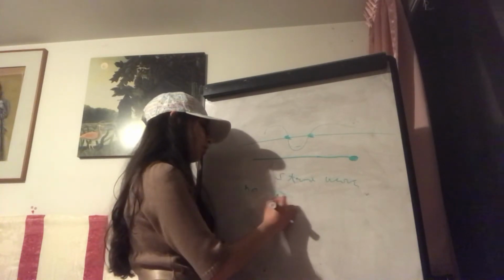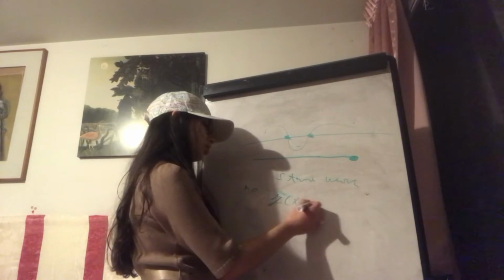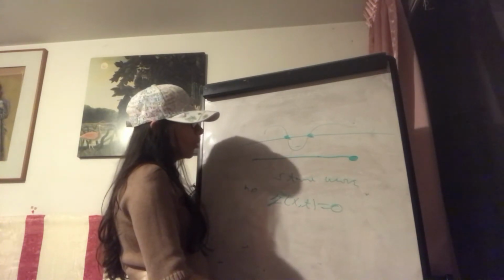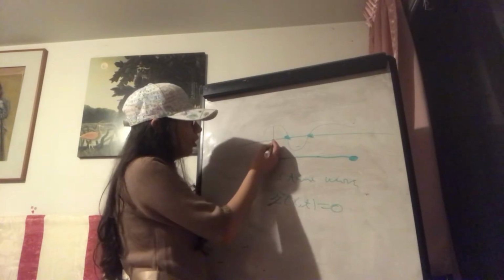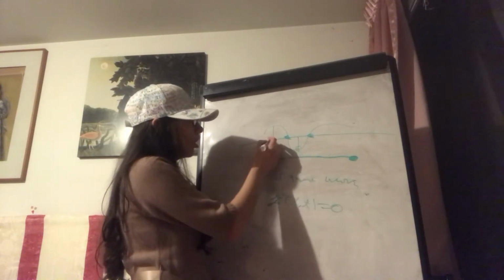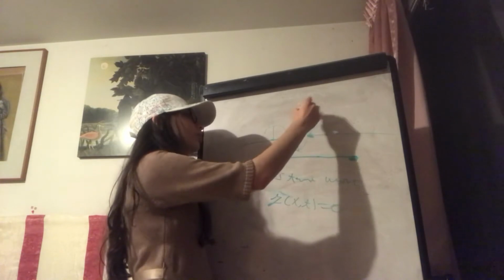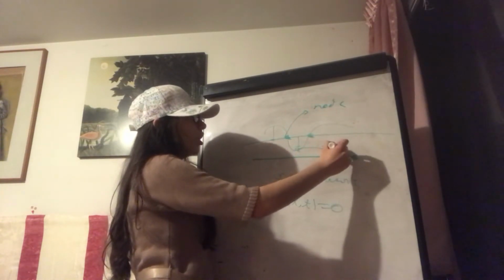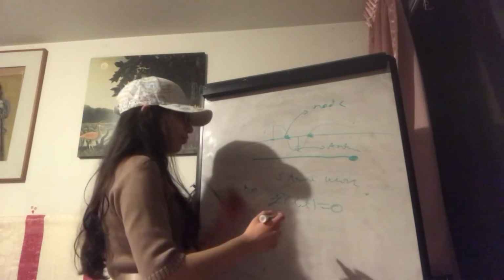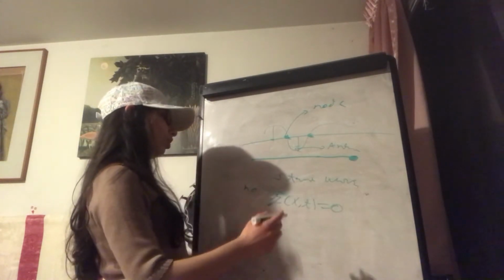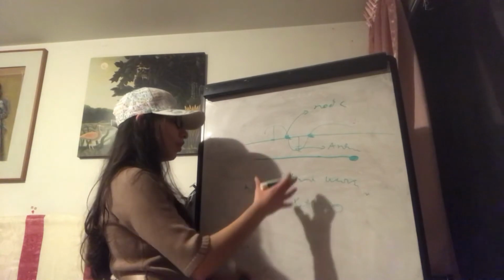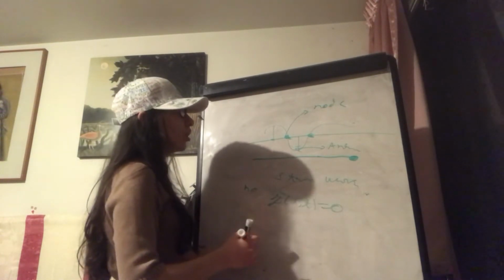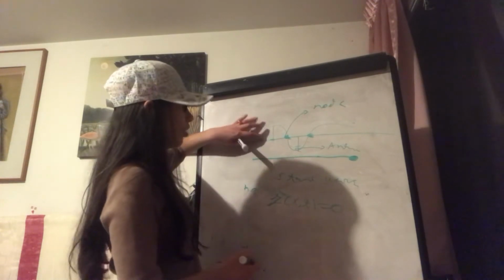So we have y of x and t equals 0. And we have other points at which the amplitude is the maximum. When we have no movement, this is called a node, and when we have the maximum amplitude, it is an antinode. So in the nodes we have displacement 0. In the antinode we have the maximum displacement.